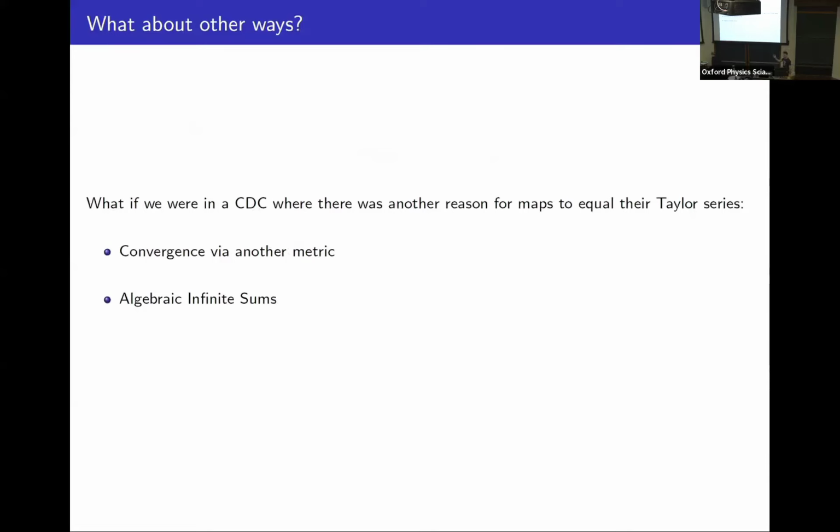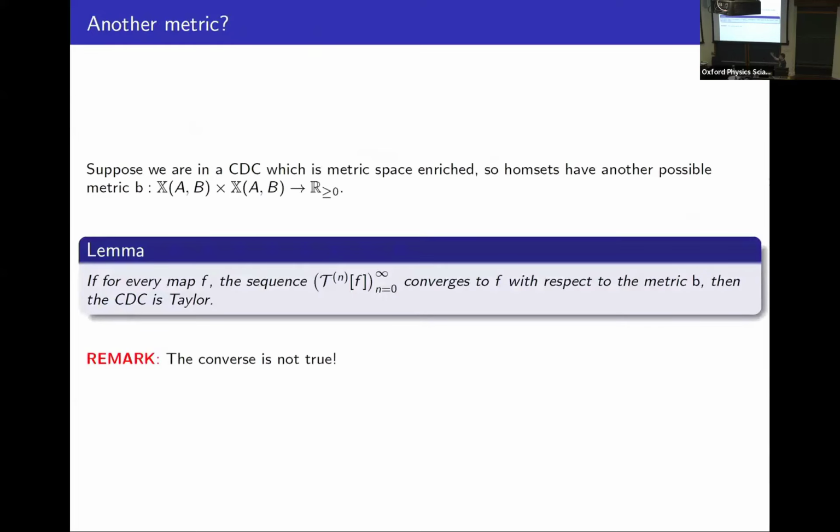So what about other ways that my Taylor series can converge? I gave you two at the start. Either it can converge via another kind of metric, or it converges via algebraic infinite sums. So very quickly, what happens if I have another metric for which my Taylor series converges? Well, that's not a problem.